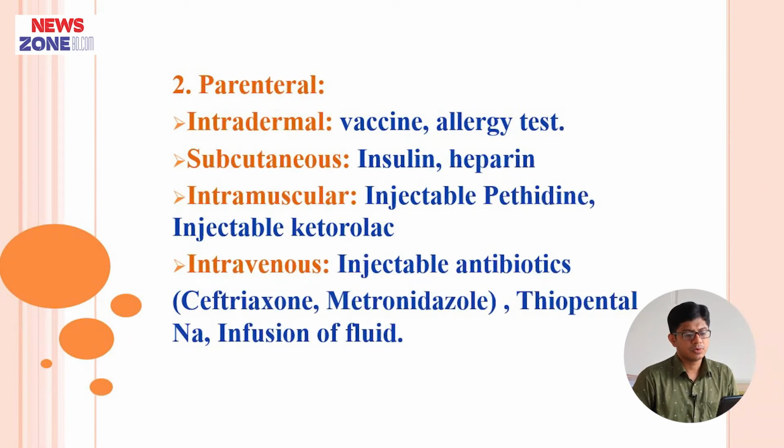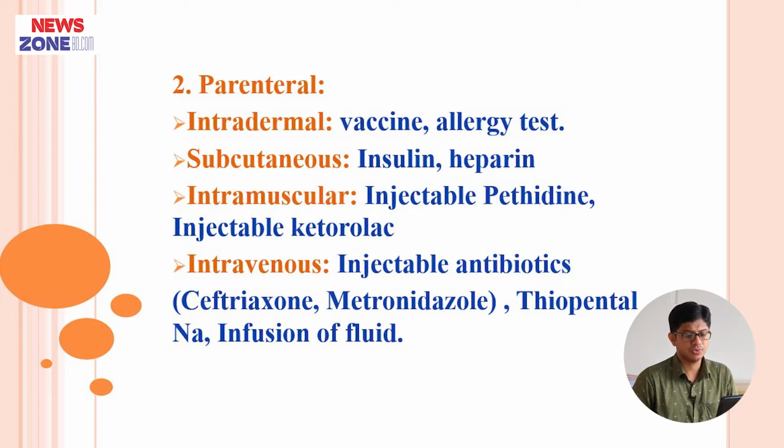Parenteral route includes intradermal, subcutaneous, intramuscular and intravenous route. Intradermal: some vaccines we can give in intradermal route, and allergy tests are done in intradermal route. Subcutaneous route: we can give insulin and heparin.